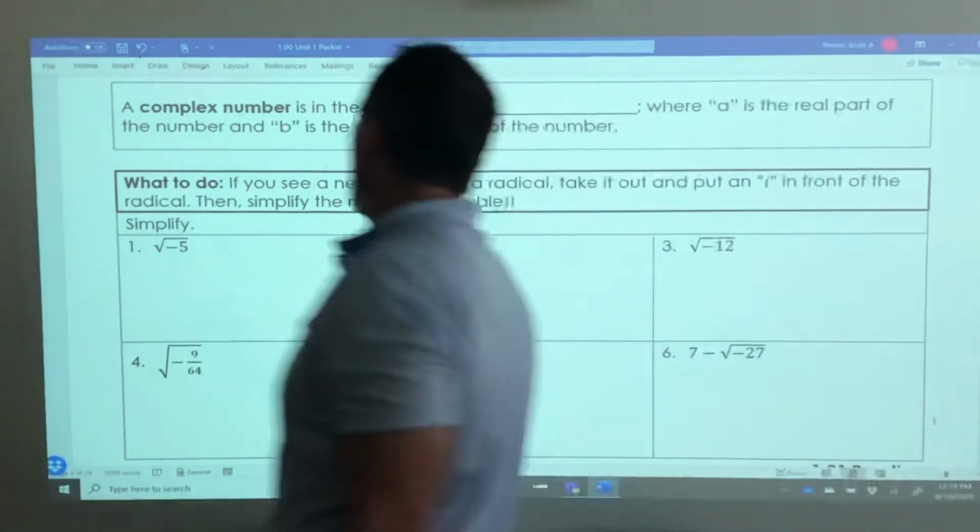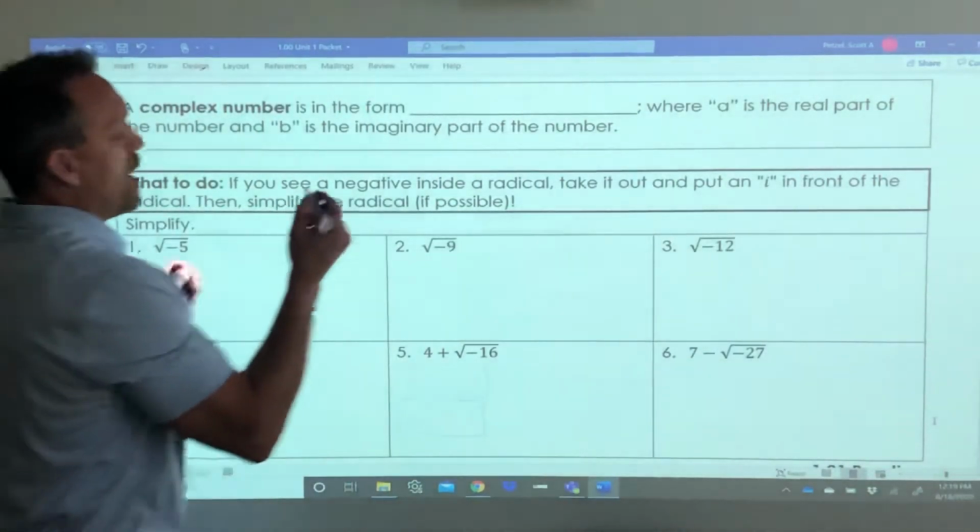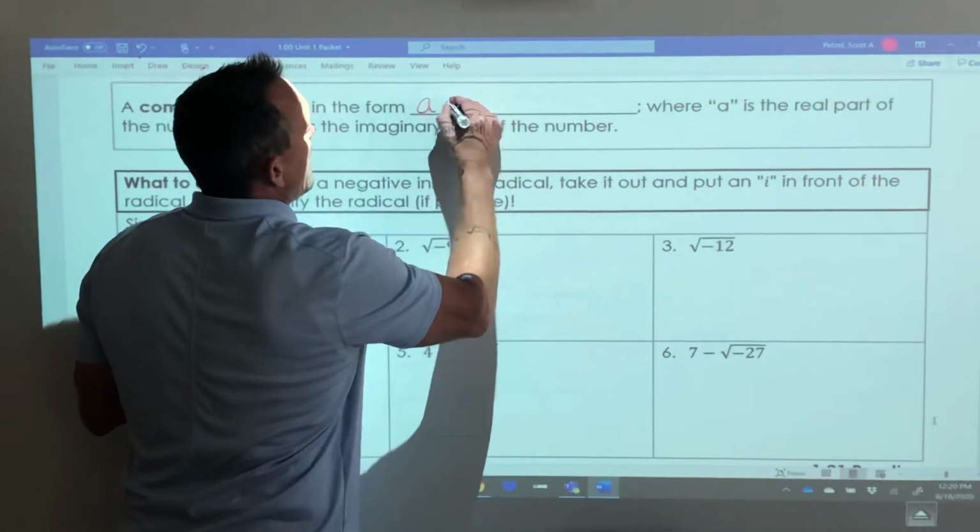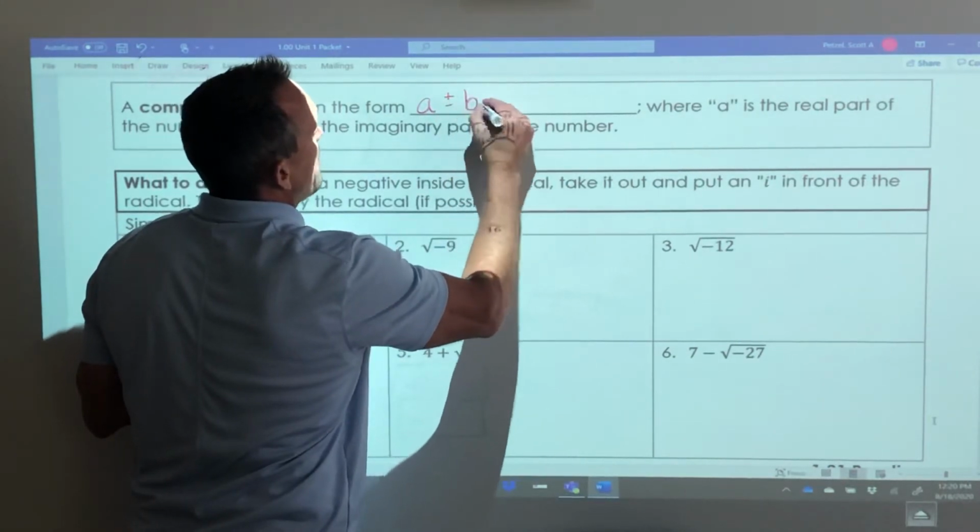Okay. A complex number is in the form of a plus or minus bi.